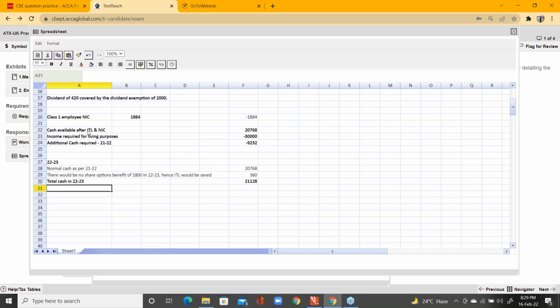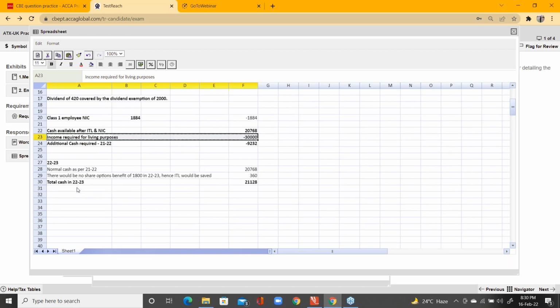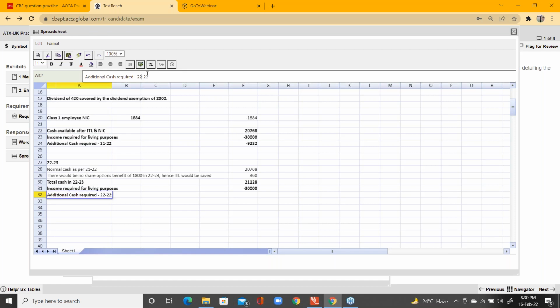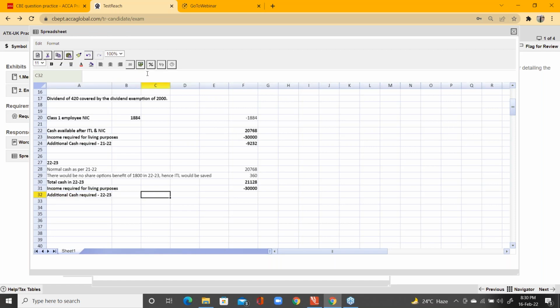And income required for living purposes, Control C and Control V. Additional cash required: save your time, do not write again and again, just mark a change wherever it is required. Now from 21128, 30,000 is required. What is the shortage of cash? That is 8872.